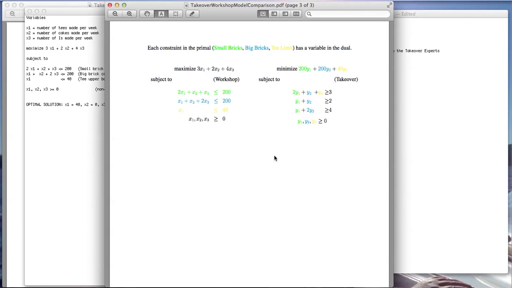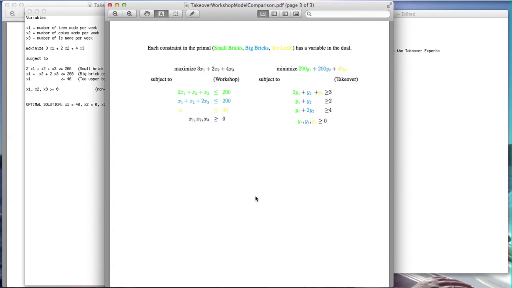I want to emphasize one interesting aspect: since every primal variable has a dual constraint and every primal constraint has a dual variable, we can take, quote-unquote, the dual of the dual, and we end up with the original primal problem.